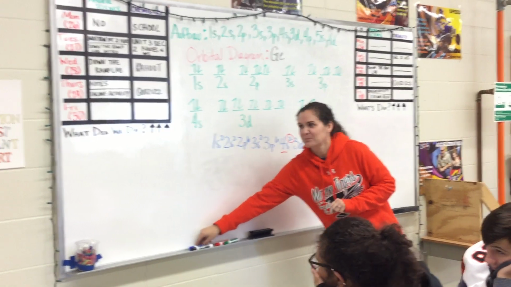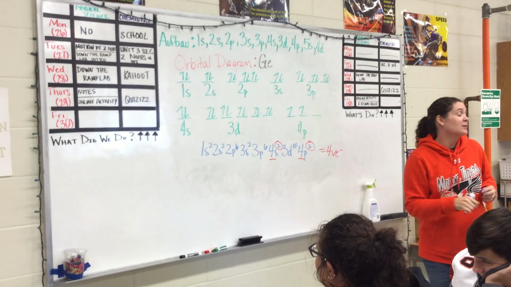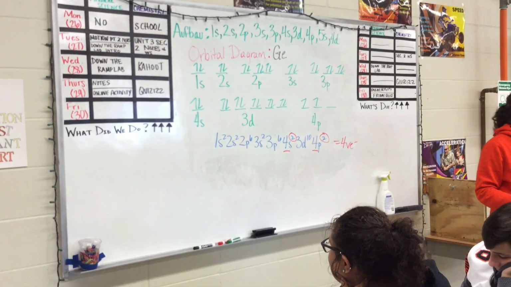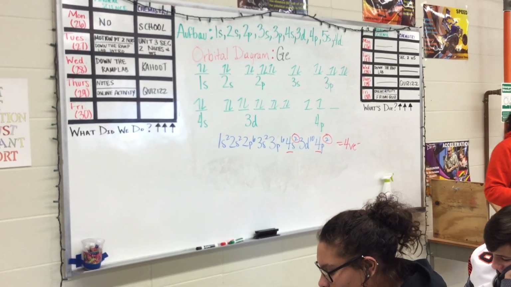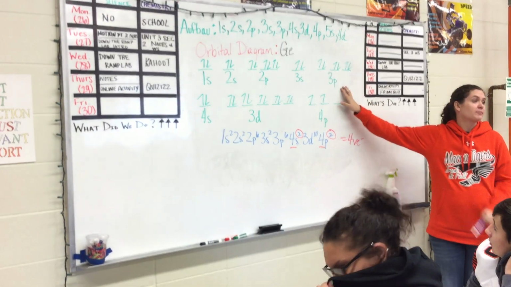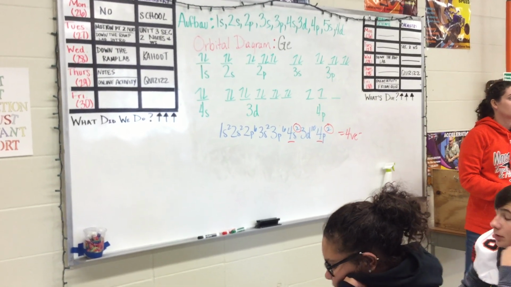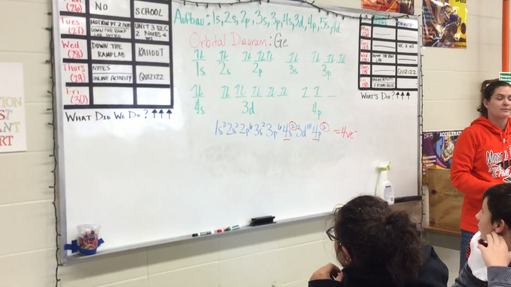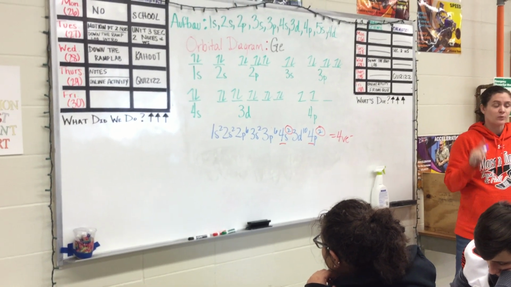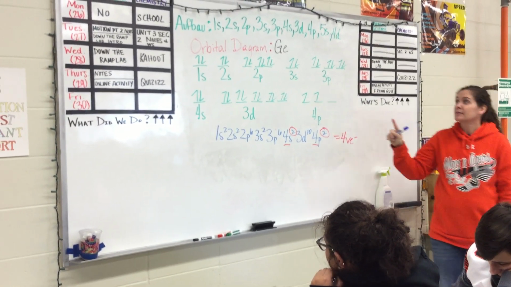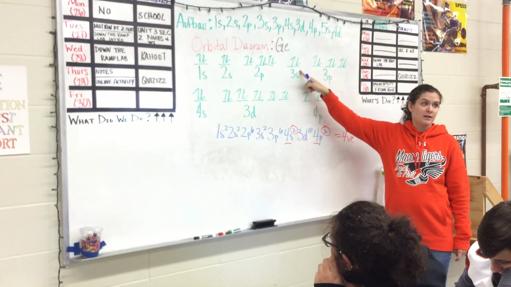Okay. In what sublevel is the 15th electron? Okay, so it's here. Okay? Which orbital? 1, 2, or 3? Three. Some people said 2, some people said 3. Remember how you fill those. Yeah. Okay, so there's 12 electrons, right?